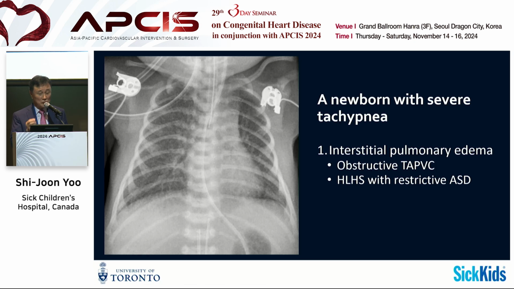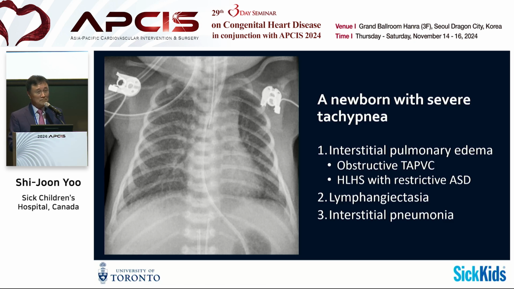But it is also seen in hypoplastic left heart syndrome with restrictive ASD. And then you can have lymphangiectasia. Findings will be a little bit different. I will show you lymphangiectasia later. And then you can also have congenital interstitial pneumonia or newborn interstitial pneumonia.